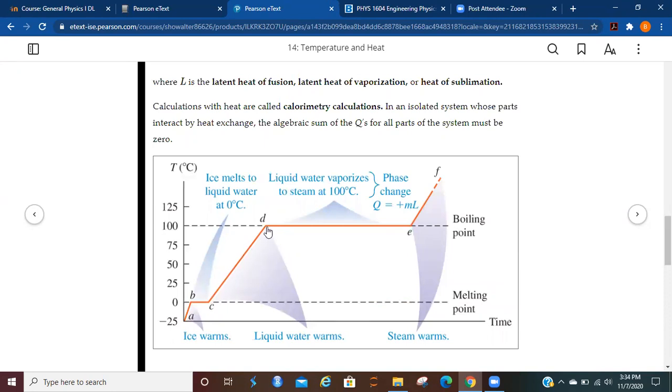That liquid water is going to then warm, and in order for the liquid water to vaporize into steam, it's going to take a little bit of time here, but eventually, once all of it has changed over in this phase change, you can see the steam being warmed as well.